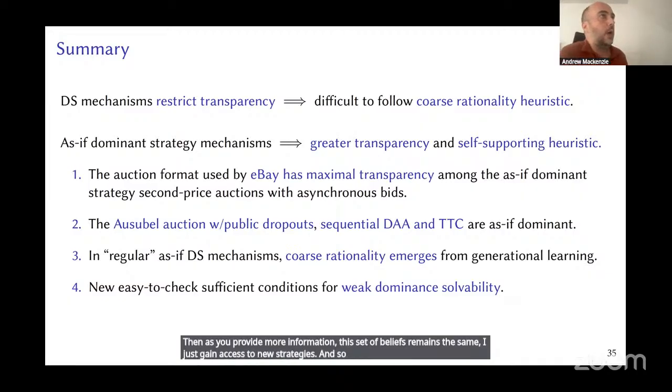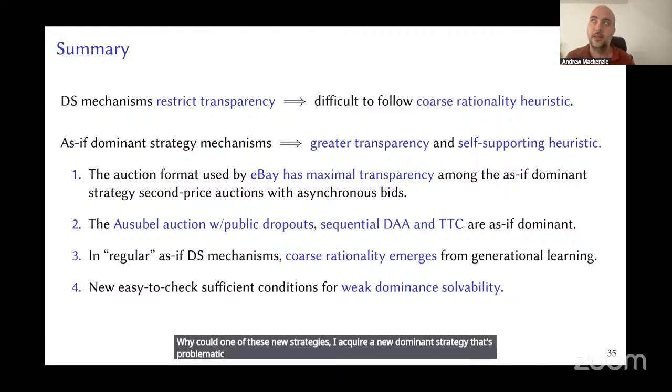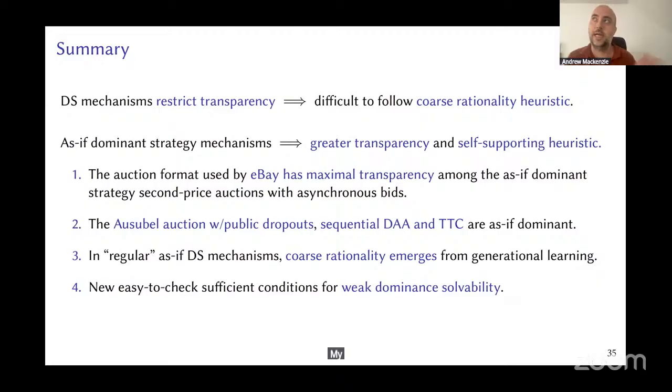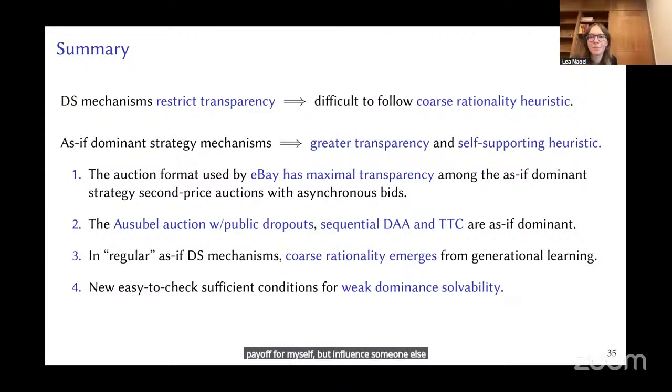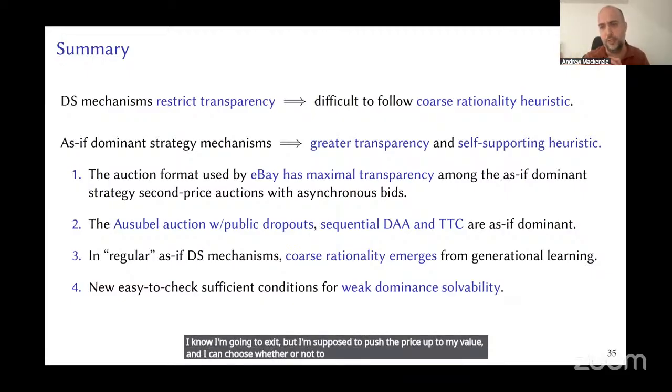And so why could one of these new strategies, I acquire a new dominant strategy that's problematic? My intuition is, well, I can get the same payoff for myself, but influence someone else. So specifically in the online auction, I know I'm going to exit, but I'm supposed to push the price up to my value, and I can choose whether or not to push it further or less far.